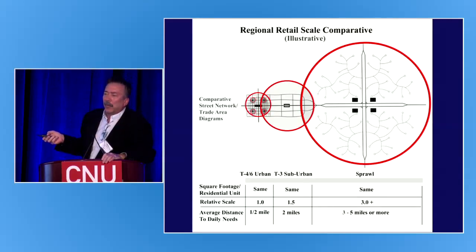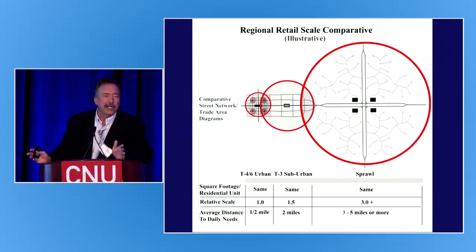There are a couple of reasons why this is important. One is that in retail, size matters, basically. The way the consumer trade areas break down is that people will tend to shop at the place that offers the greatest diversity of choice, all other things being equal, closest to them.